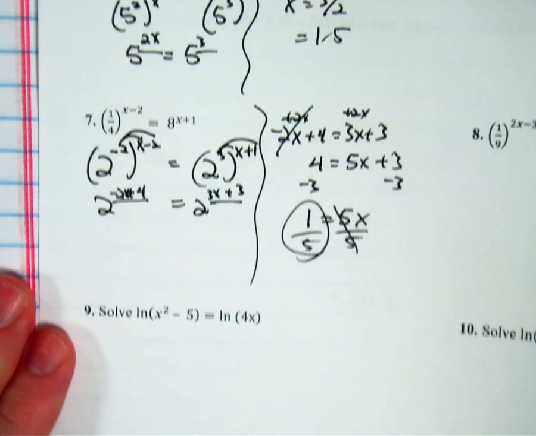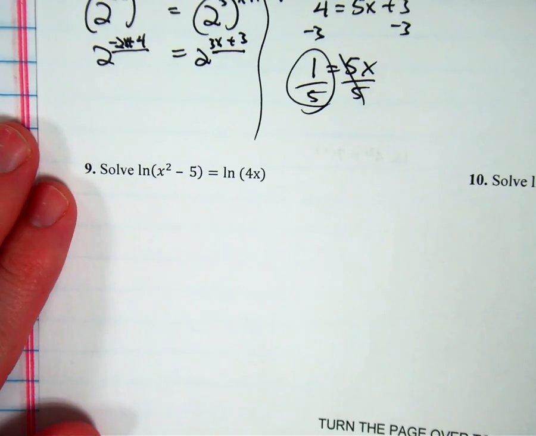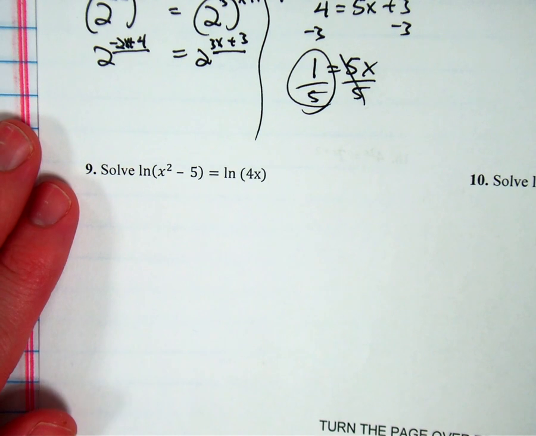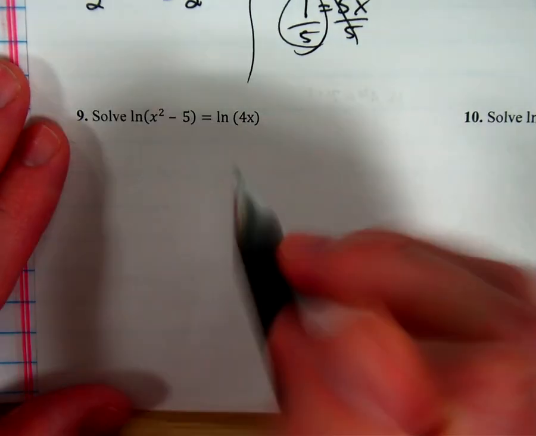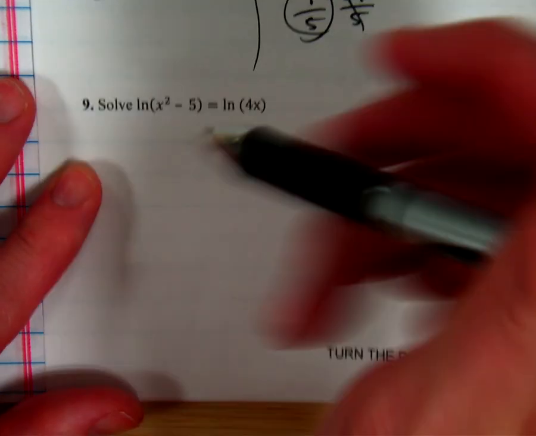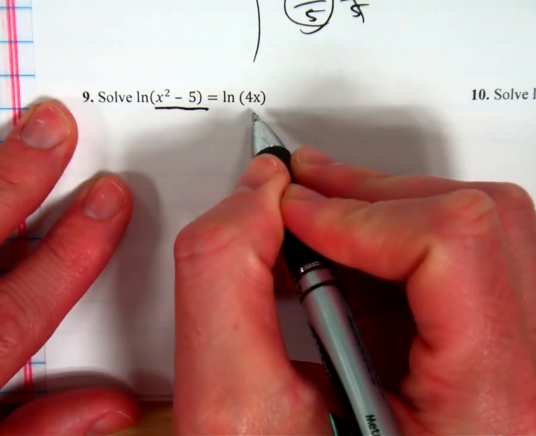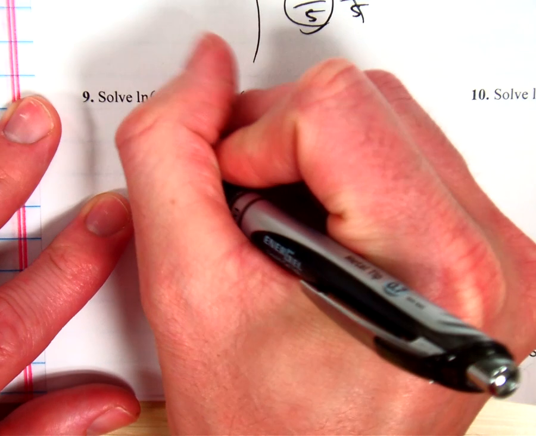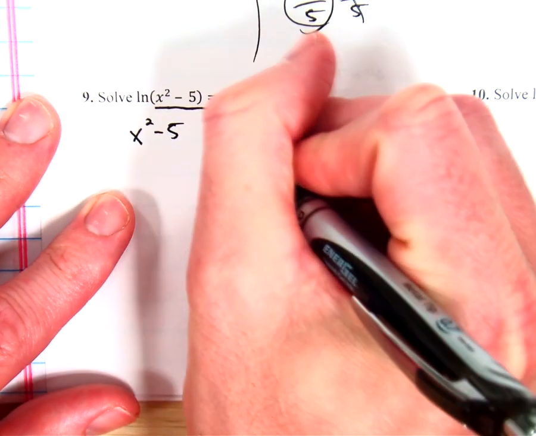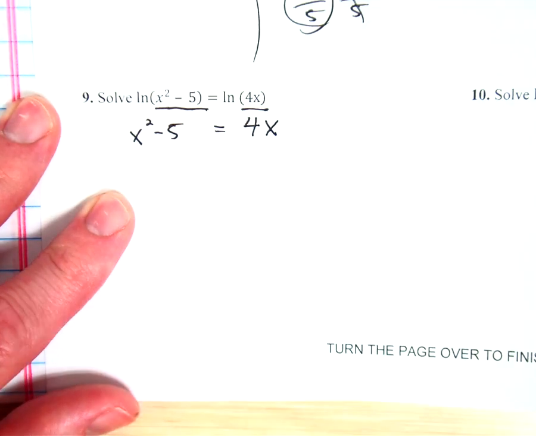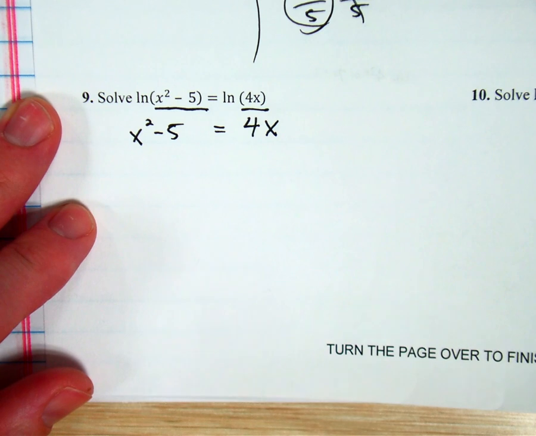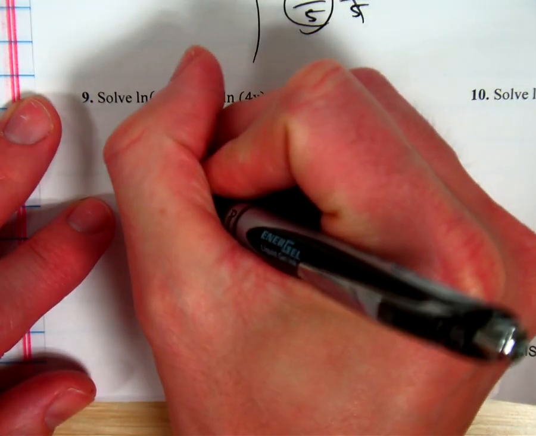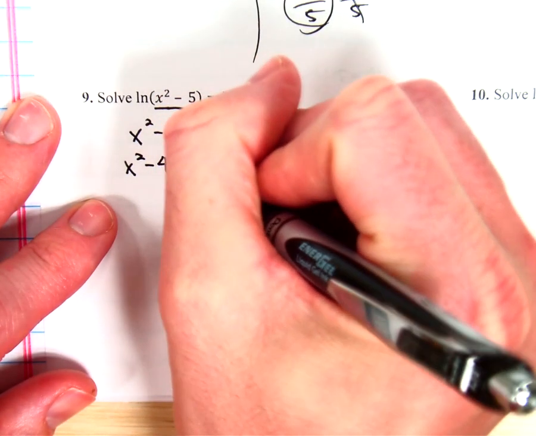Number 9. Natural log of x squared minus 5 equals natural log of 4x. That is only possible if the inside parts are equal. If x squared minus 5 equals 4x. One of our favorite things to do with x squareds is to solve by factoring. Let's get that 4x over there. Minus 4x minus 5.